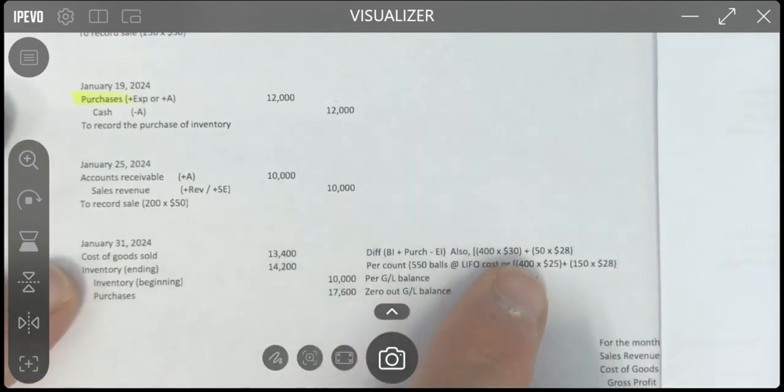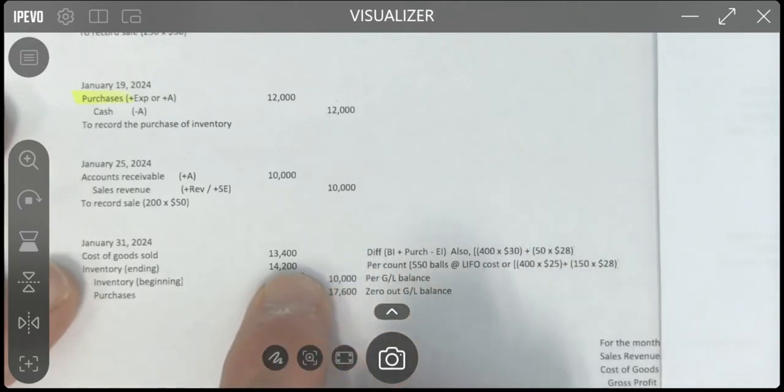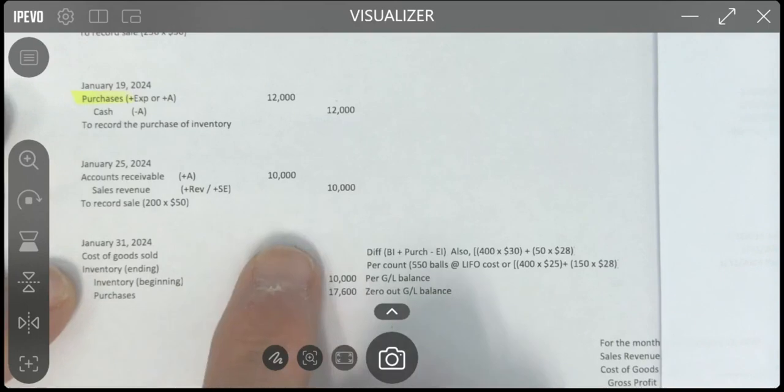That was the 400 times 25 plus the 150 times 28 is 14,200. And when you take 27,600 minus 14,200, you get the cost of goods sold of 13,400.